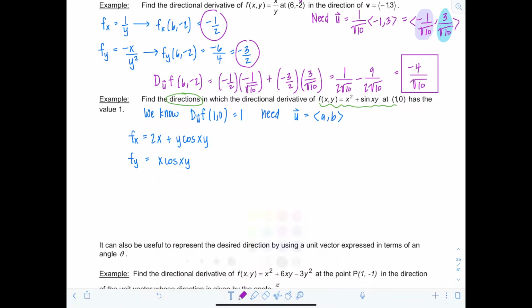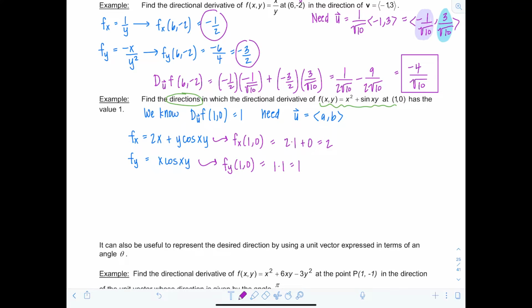Good. Now both of these I need to evaluate at the point (1, 0). So partial with respect to x at (1, 0) is going to be 2 times 1 plus 0, so that's just 2. And then partial with respect to y at (1, 0), that's just going to be 1 times 1, so 1.